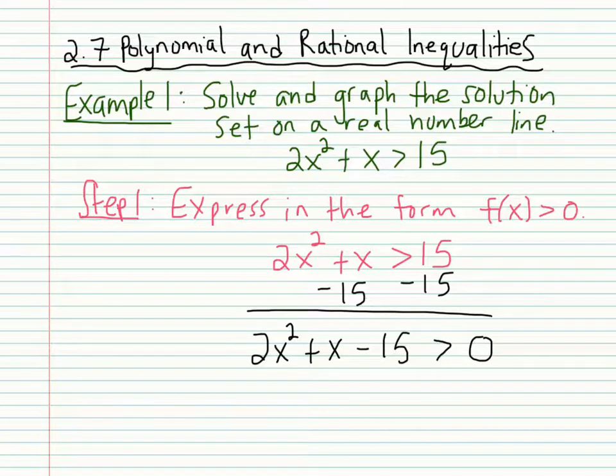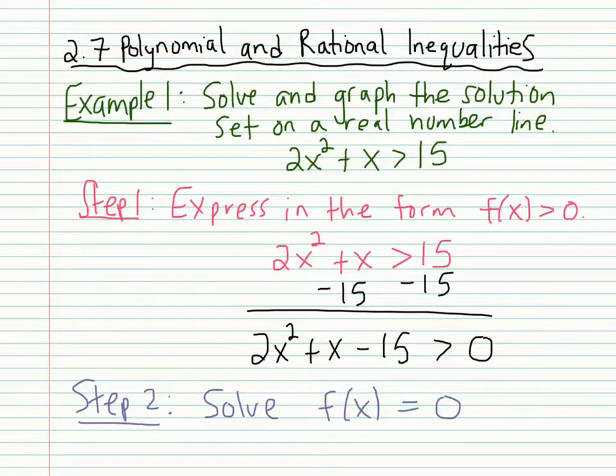Okay, are we ready for step 2? Step 2 asks us to pretend, just for step 2 anyway, that instead of saying greater than 0, this said equals 0, and solve for x.